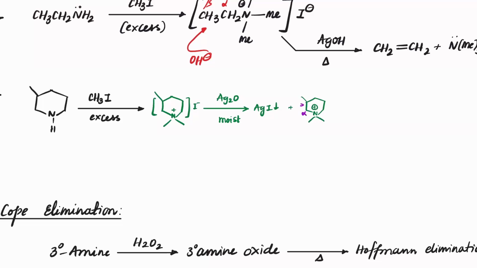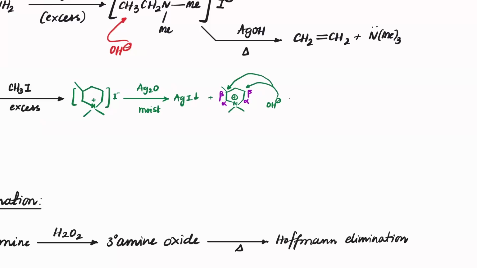This is alpha, beta, alpha, beta. So OH minus has an option to attack on both ends. That is, OH minus can take H plus from here, or it can take H plus from here. Because this is a delayed E2 mechanism, a carbanion character will be formed, here a carbanion, here a carbanion. Since it is a 2-degree carbanion and this is a 3-degree carbanion, the 2-degree carbanion will be more favored. So that means double bond here, and then we will get N, methyl and methyl.